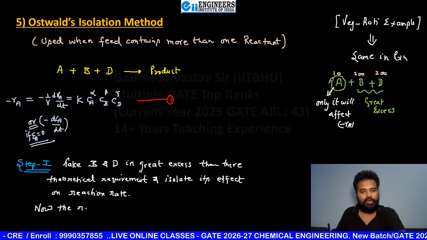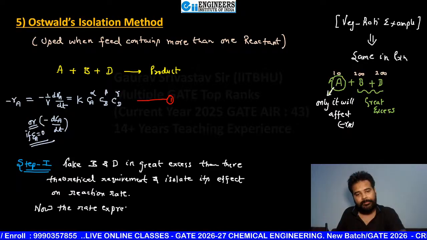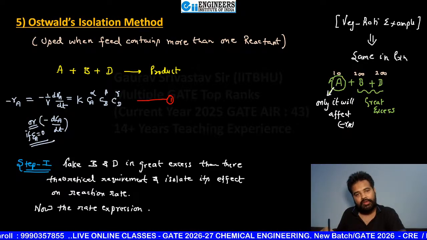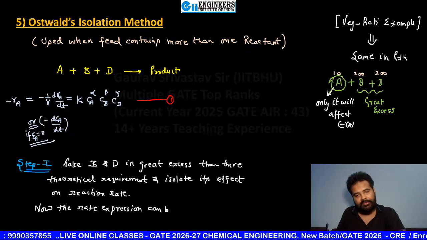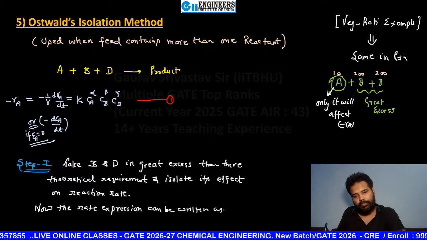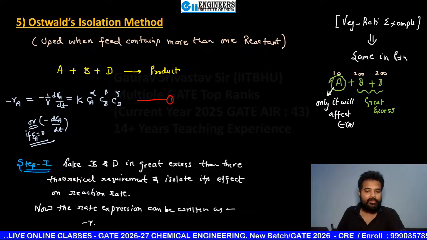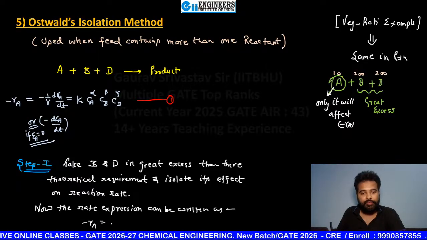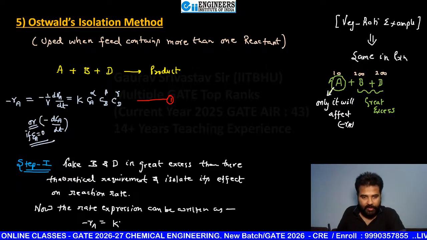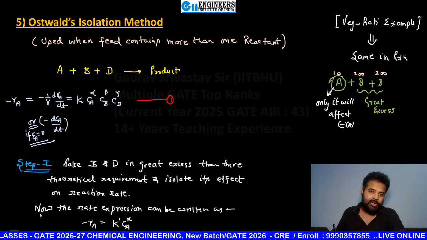Very good. So now the rate expression can be written as minus rA equals k dash CA raised to power alpha, because that becomes constant.